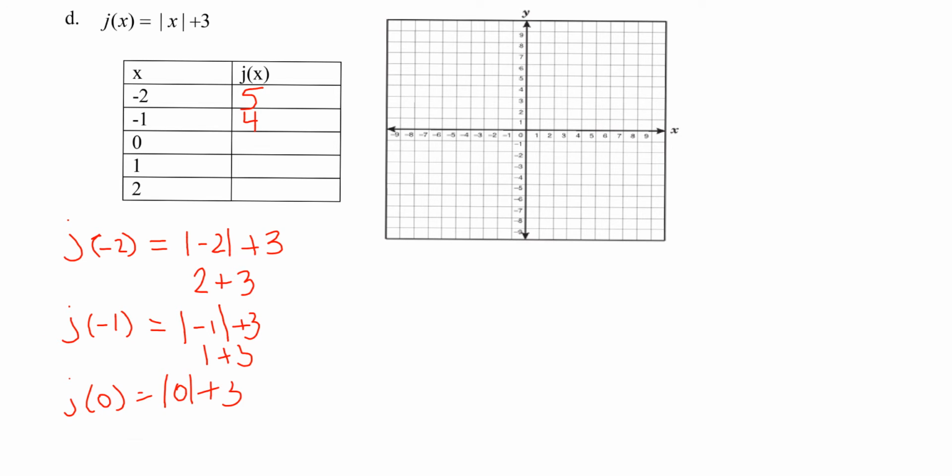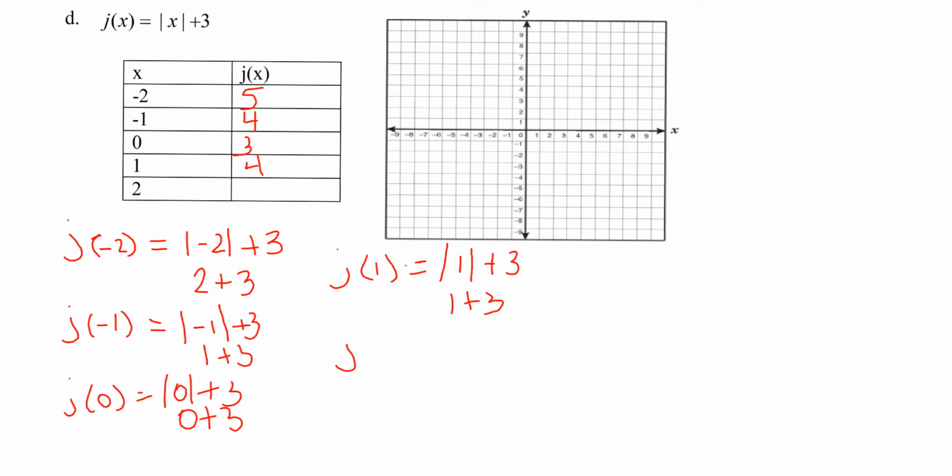Well, 0 is 0 spaces away from 0, so it would be 0 plus 3, or 3. The J of 1 will be the absolute value of 1 plus 3, and 1 is 1 space away, so it will be 1 plus 3, which would give us 4.